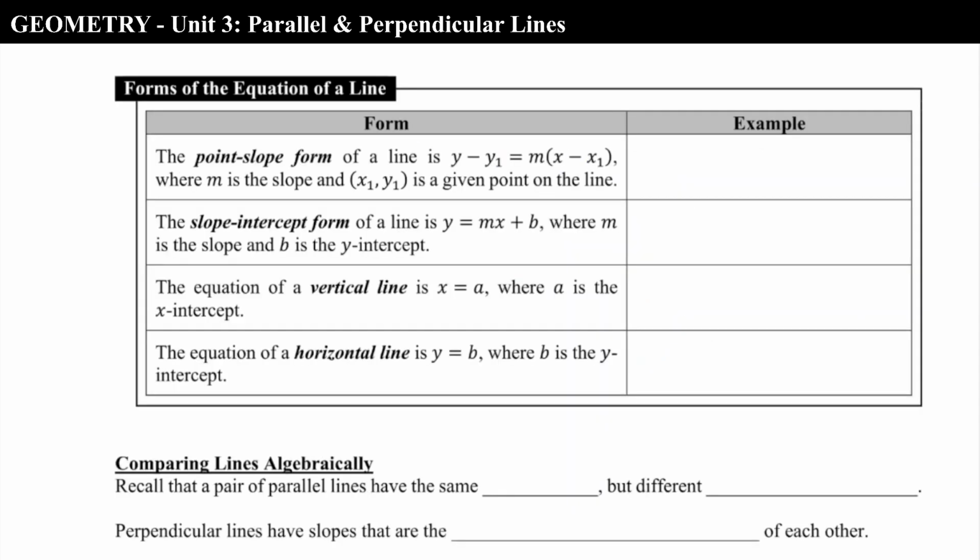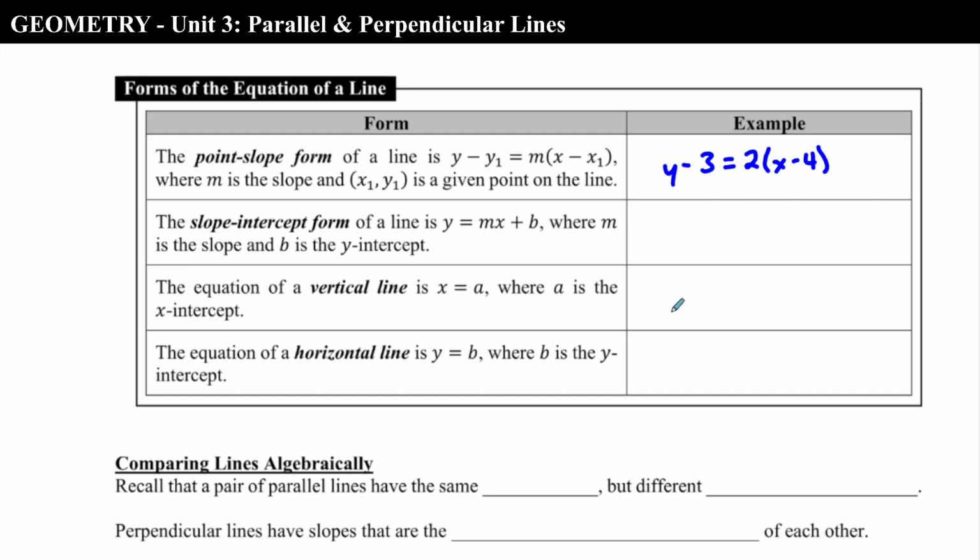So let's recap a little bit. Forms of the equation of a line. You have point slope form. An example of one that you may encounter, y minus 3 equals 2 times x minus 4. You notice that we've got something to distribute. That's what it's going to look like.